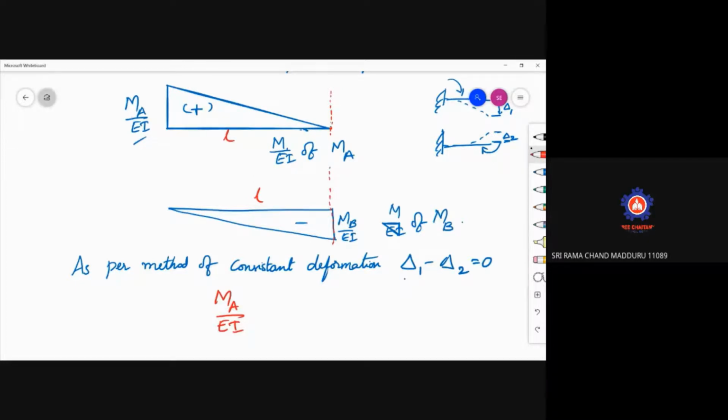The area of this triangle is half B into H, half MA by EI into L. The CG of this triangle will lie at a distance of 2L by 3 from this end, and this is L by 3. You are considering area moment from here. So that's why this will be half MA by EI into L into 2L by 3. So that is delta 1.